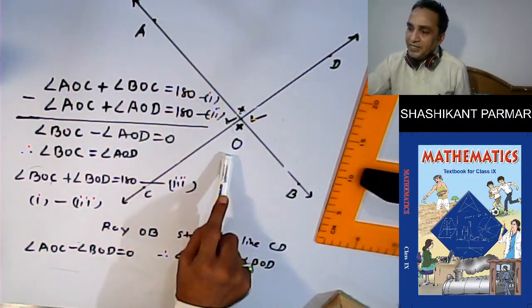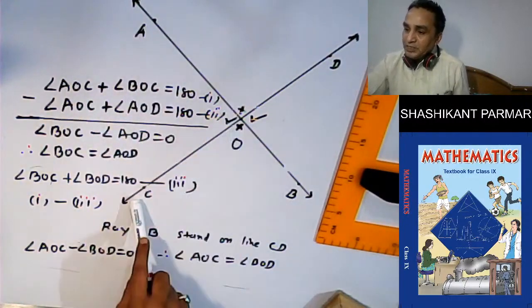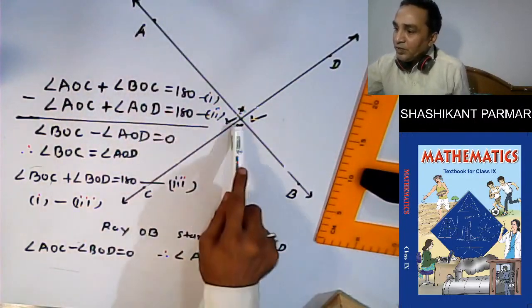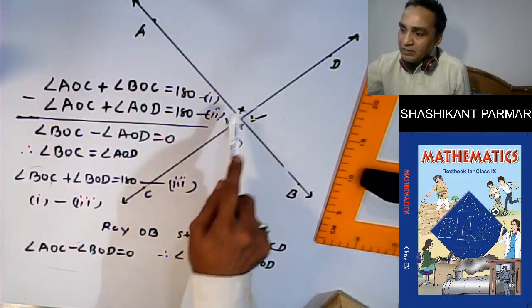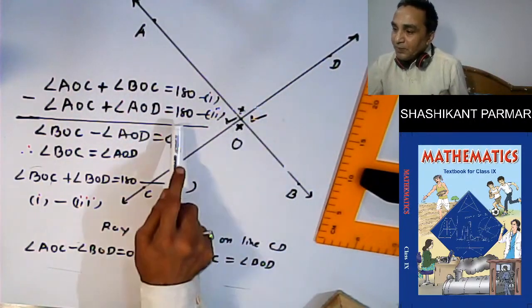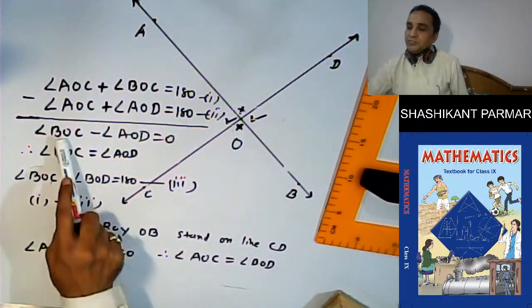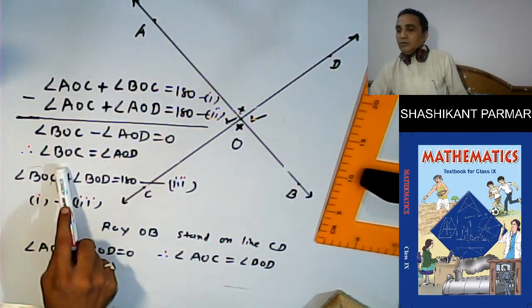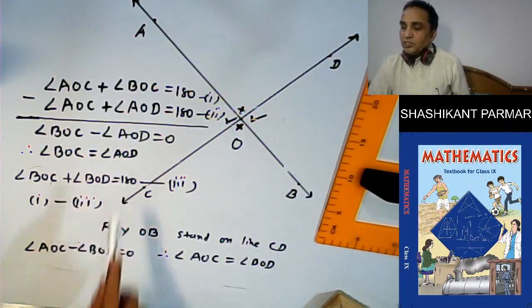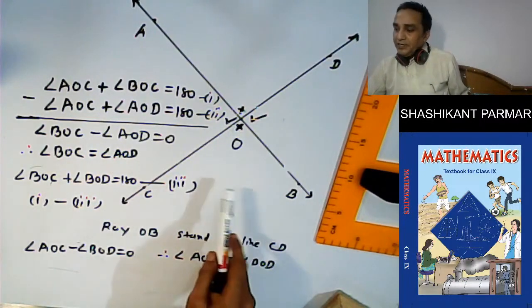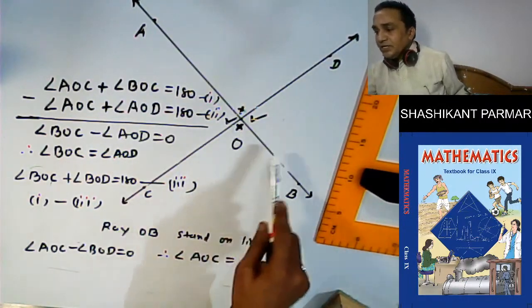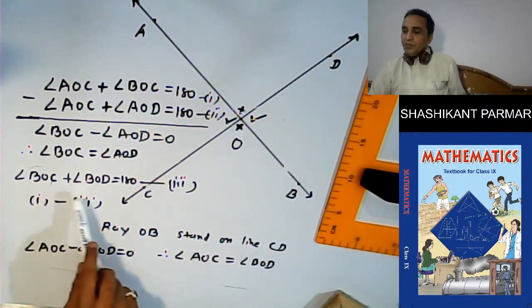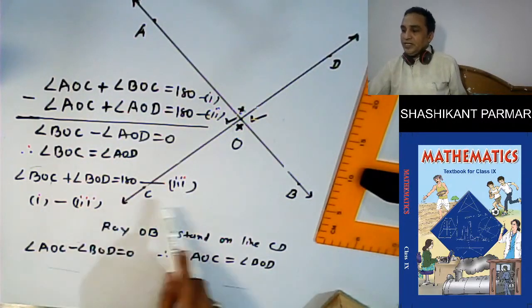Then AOC plus AOD, the sum of both is 180. Then subtract, and you will get the result BOC is equal to AOD. Again take these two angles as a linear pair: BOC plus BOD is equal to 180.